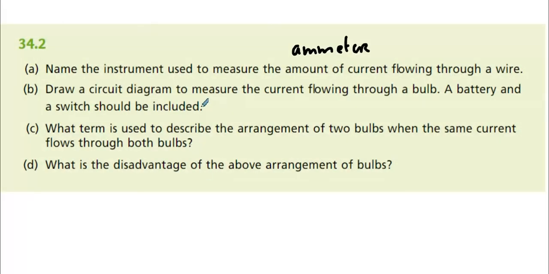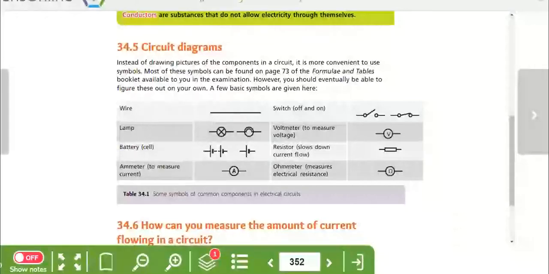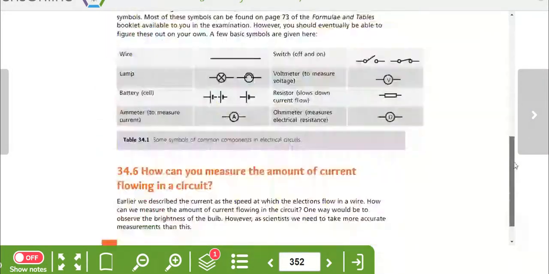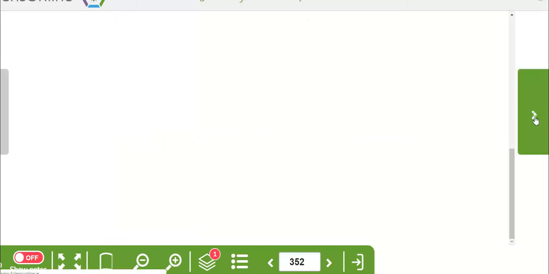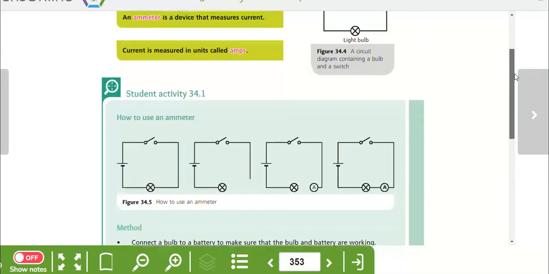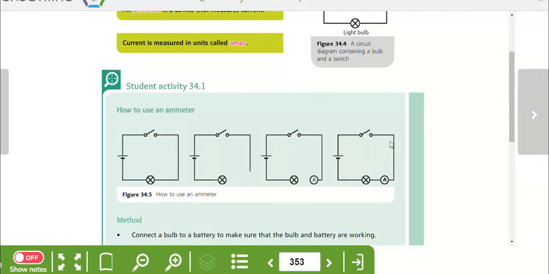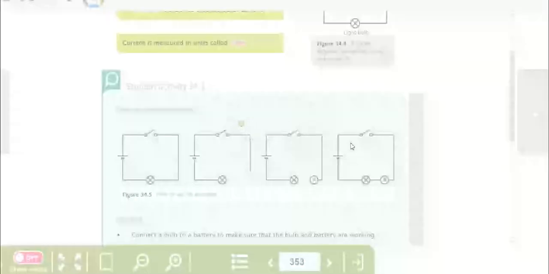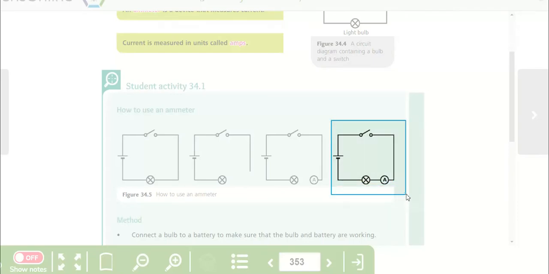Draw a circuit diagram to measure the current flowing through a bulb. A battery and a switch should be included. Okay, so I should probably just look for this circuit. I'm sure there's a circuit somewhere here for me. Okay, let's move up. Ah, there's our circuit right there. There's our battery, our bulb, and our ammeter.